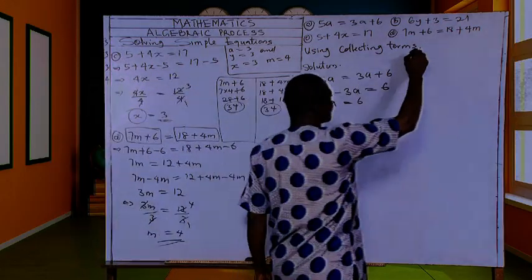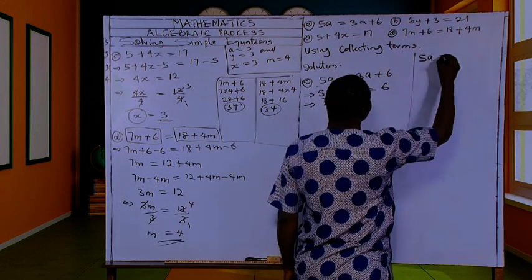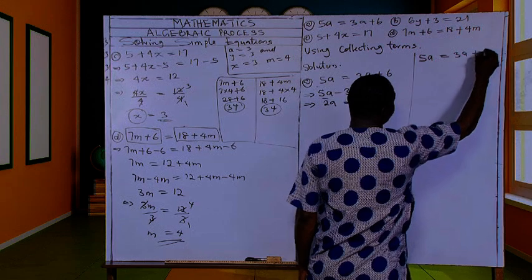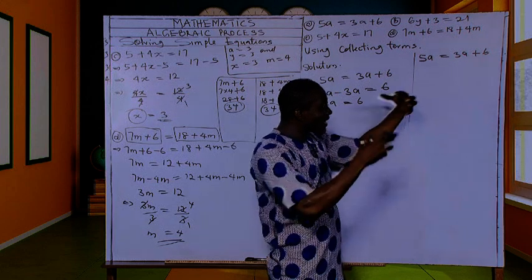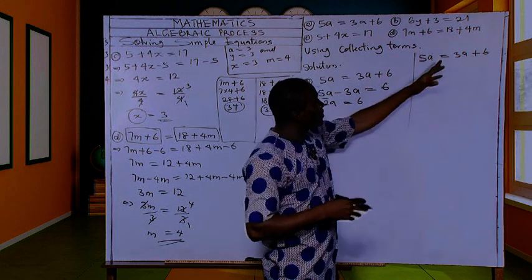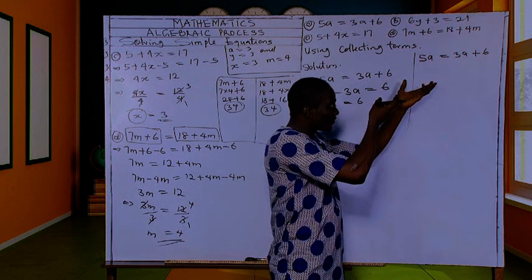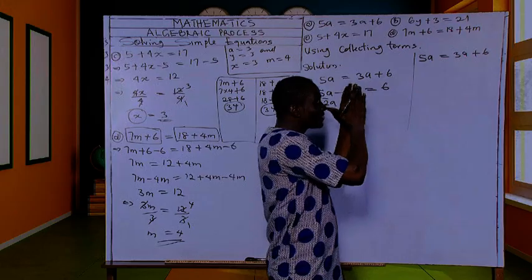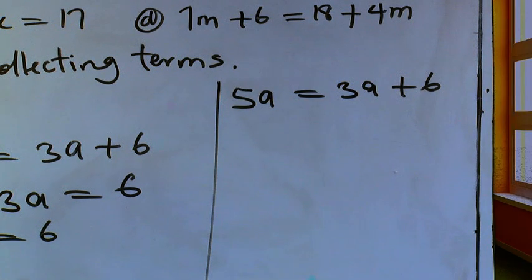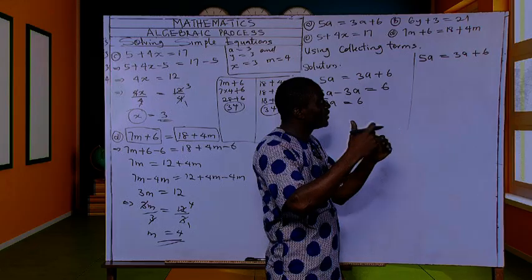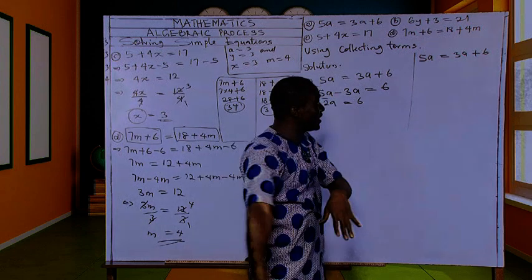In 5a equals 3a plus 6, 5a and 3a are like terms because they are terms with the letter a, so they have to be on one side, while the terms without the letter will be on the other side.